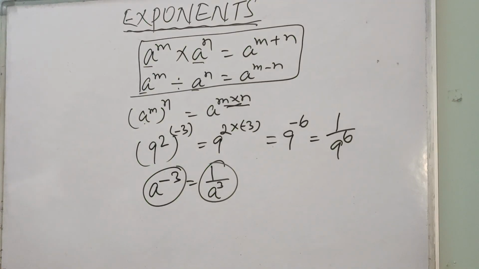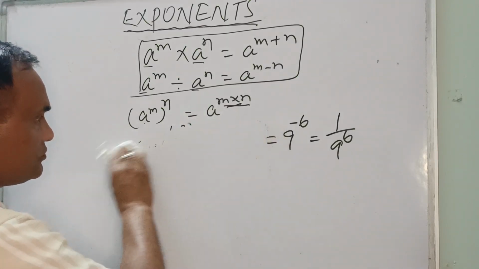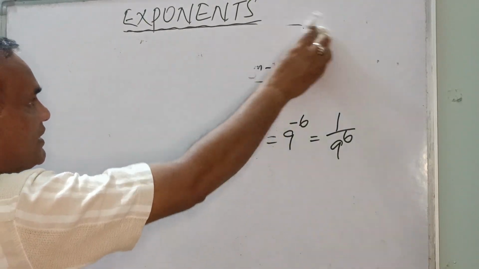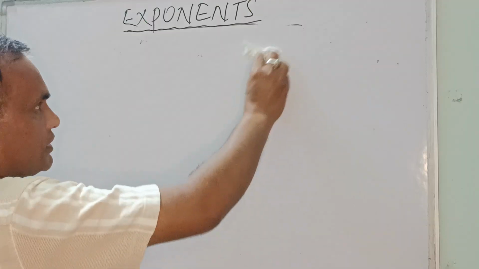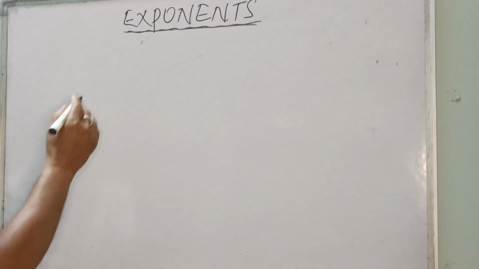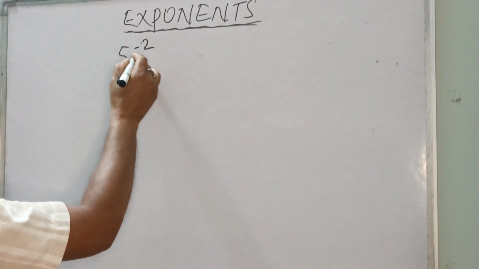I think you can take a screenshot also. Now we'll see further examples. Suppose the question is an MCQ: 5 to the power minus 2.